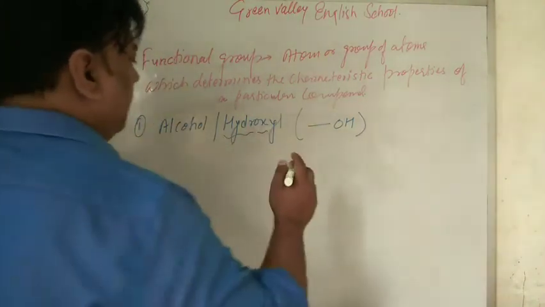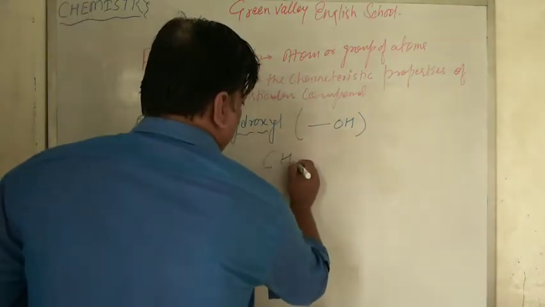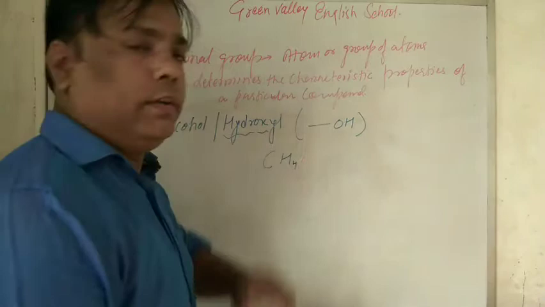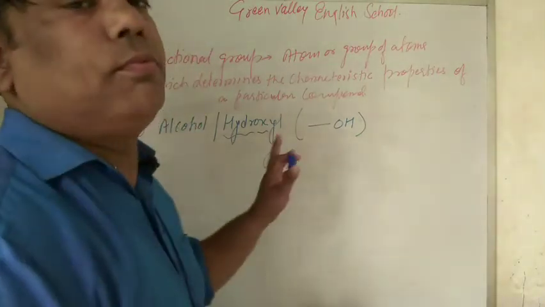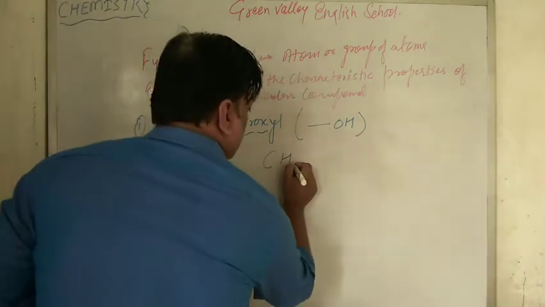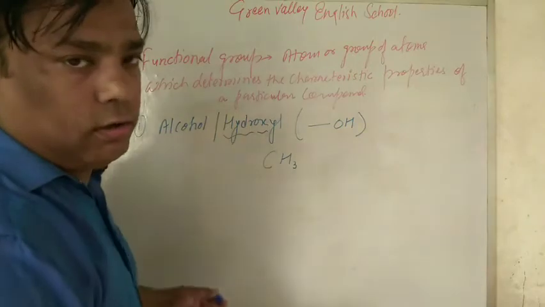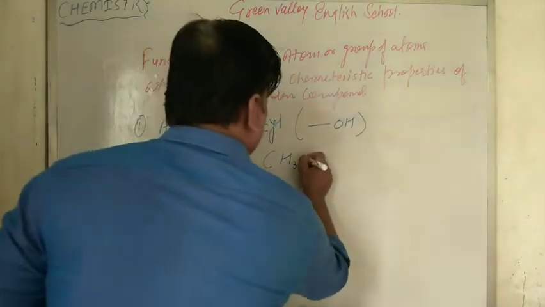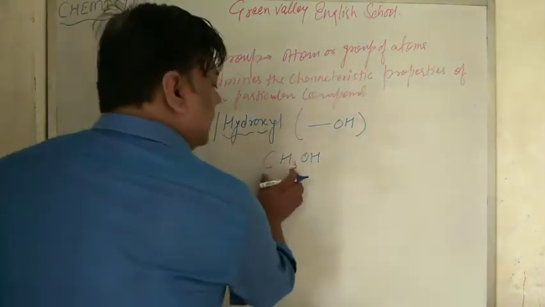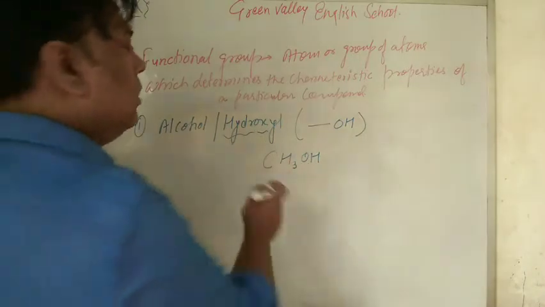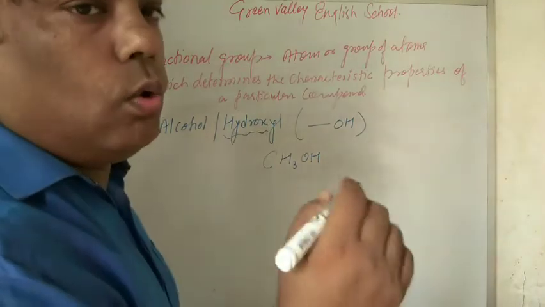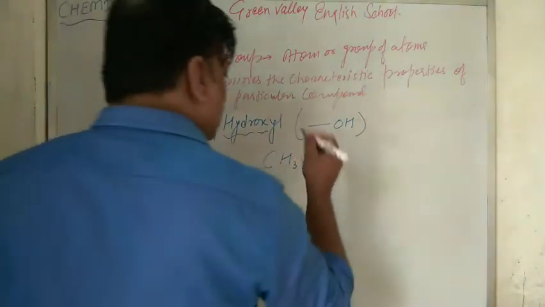Let's take an example. Suppose that we have methane CH4 and I want to add an OH group to it. So what to do? I have to remove one of its hydrogens. Now it is CH3, methyl, and add OH. Now what is the name of that compound? Methanol. So the suffix that we use for the alcohol group is ol.